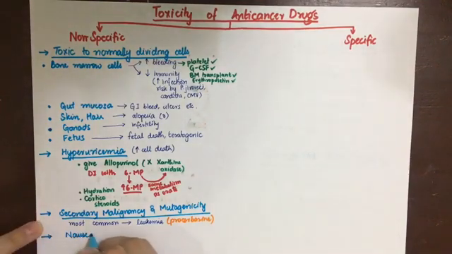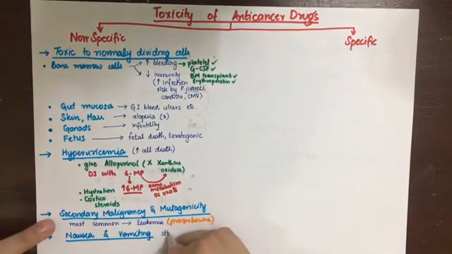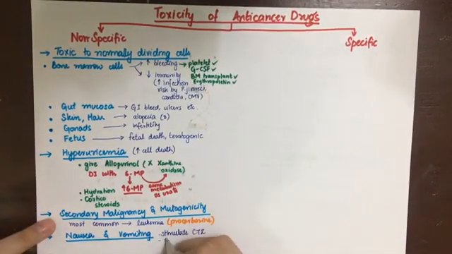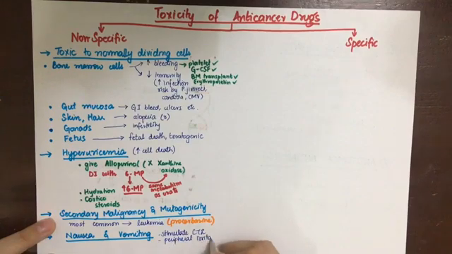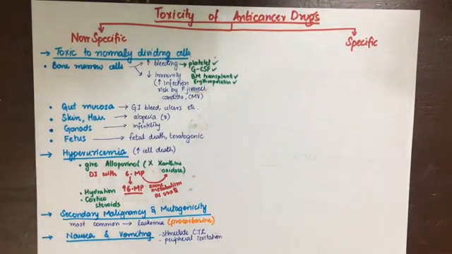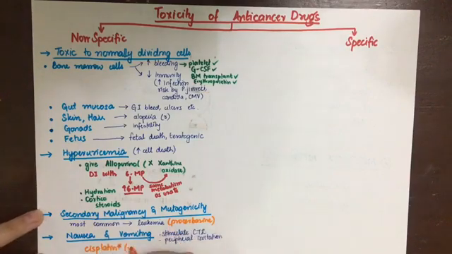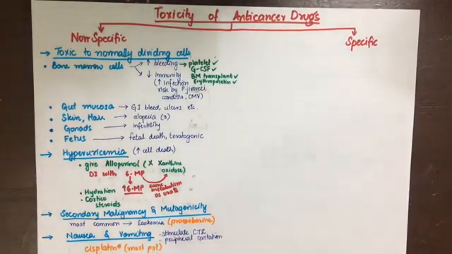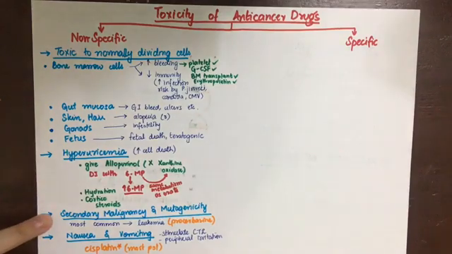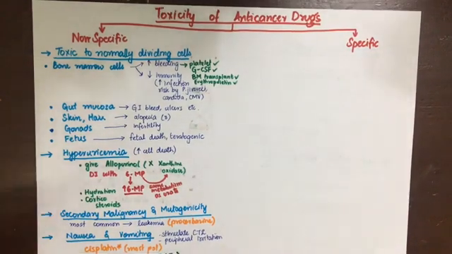Another general side effect is nausea and vomiting by directly stimulating the chemoreceptor trigger zone, and cisplatin is the most potent cause of nausea and vomiting, and it can be managed by antiemetics such as ondansetron, which is a 5-HT3 antagonist, which will act on the chemoreceptor trigger zone 5-HT3 receptor and inhibit vomiting.